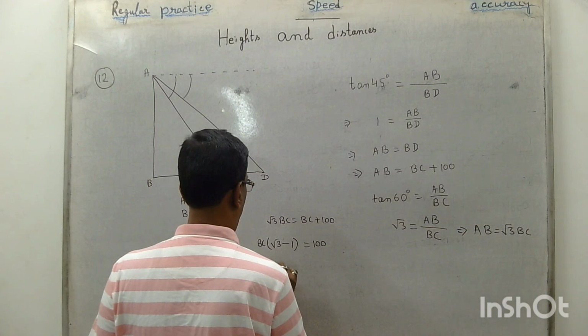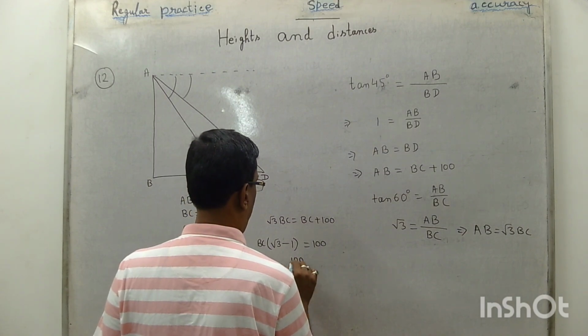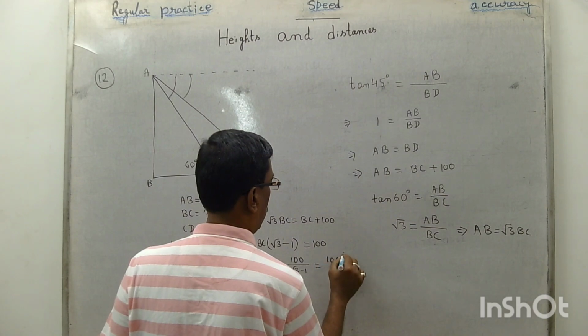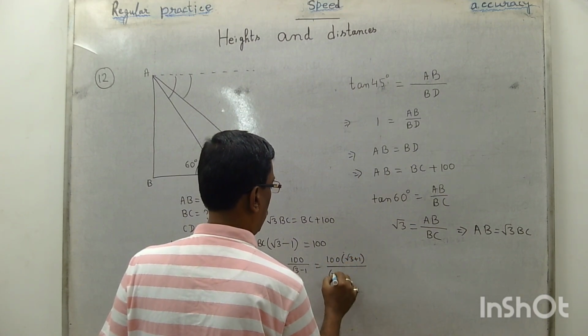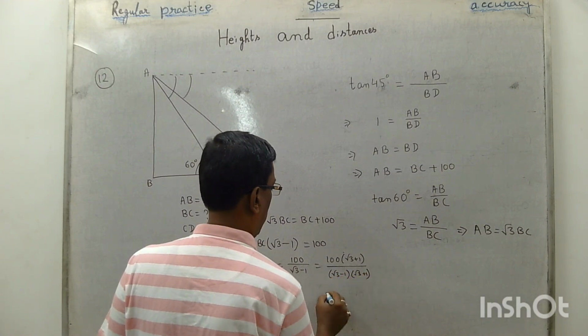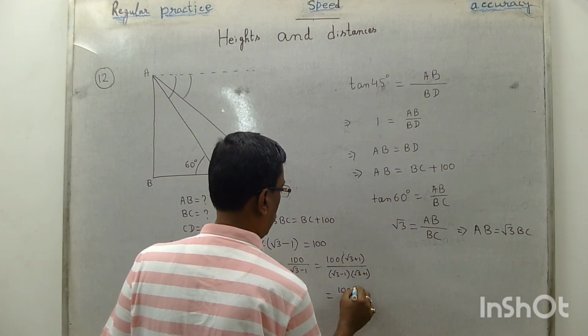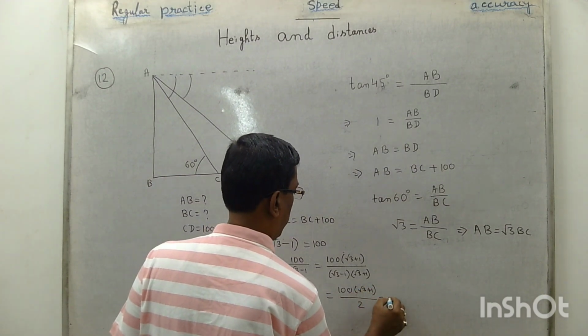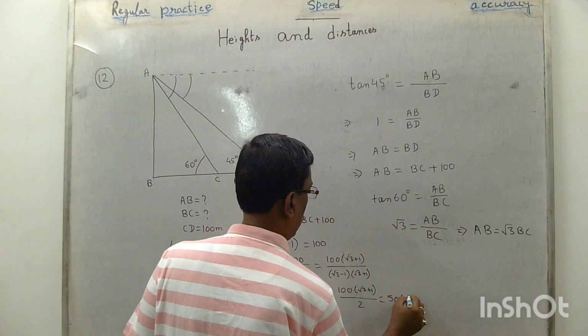So BC will be how much? 100 by root 3 minus 1, it will be 100 into root 3 plus 1. That means root 3 minus 1 into root 3 plus 1, it will be 100 into root 3 plus 1 by 2, that is 50 into root 3 plus 1.